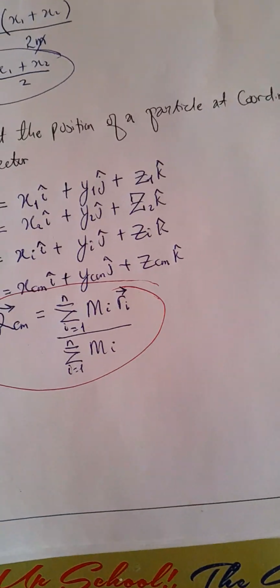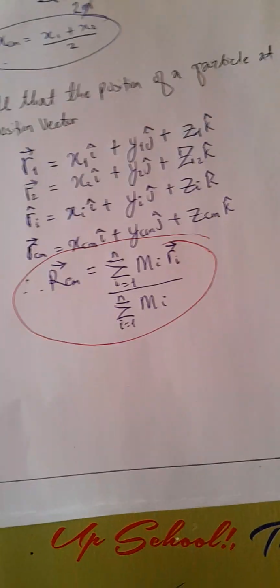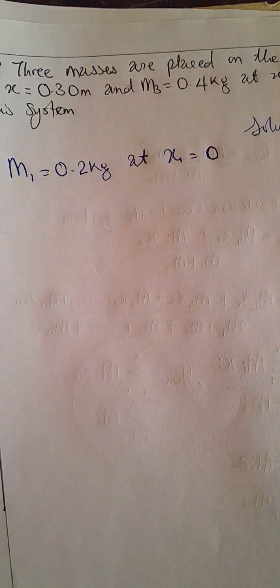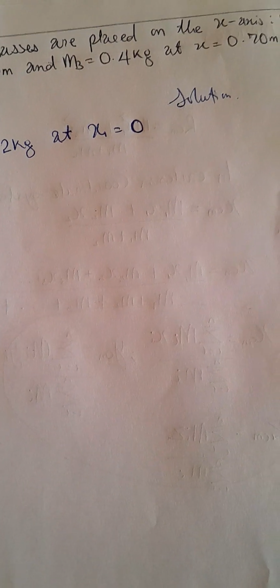Okay, let's dive into questions now. Question 1: 3 masses are placed on the x-axis. Solution: m1 equals 0.2 kg at x1 equals 0. It means m1, the mass of the particle, is 0.2 kg, and its position is at the 0 point of the x-axis.